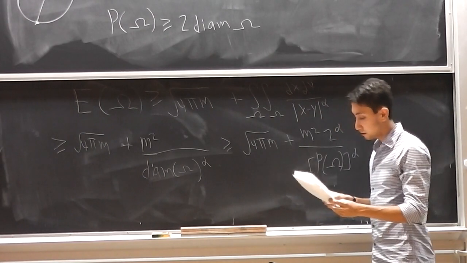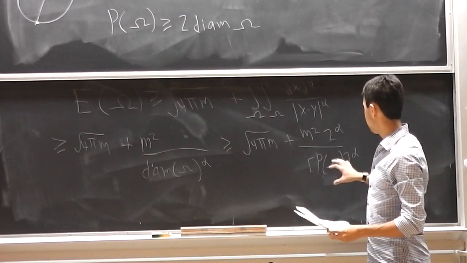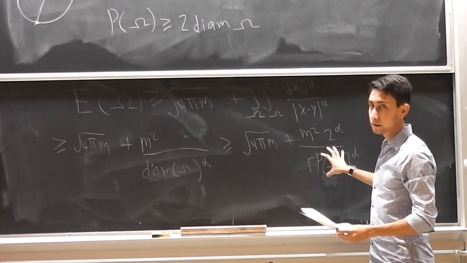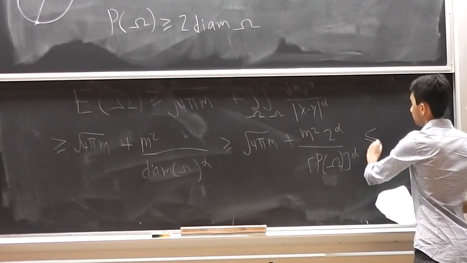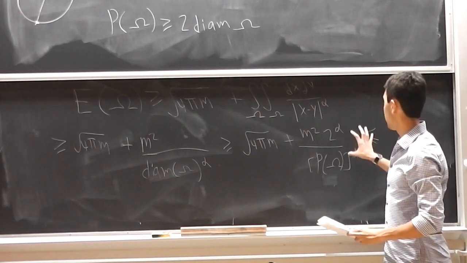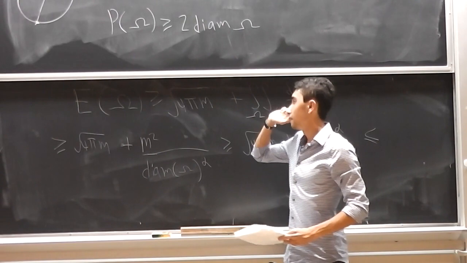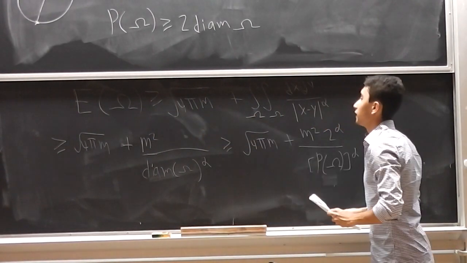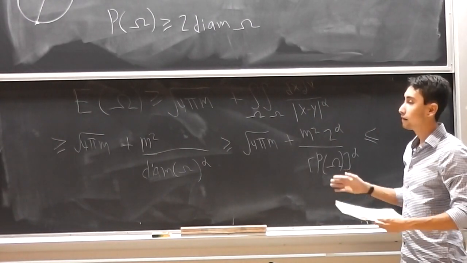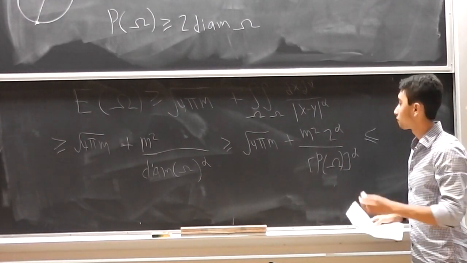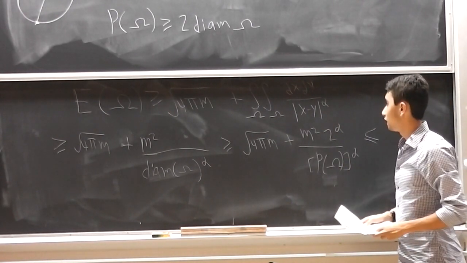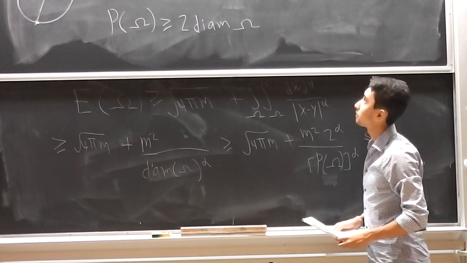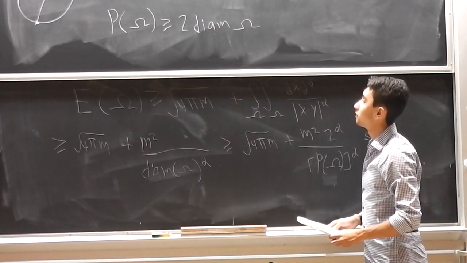Now we still don't know the perimeter. It seems odd, but we know that the energy is the perimeter plus something positive, right? So that means the perimeter is bounded from above by the energy.